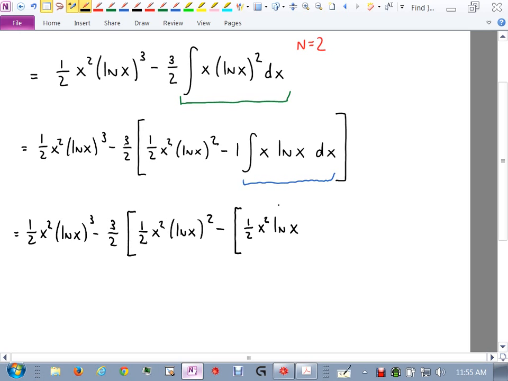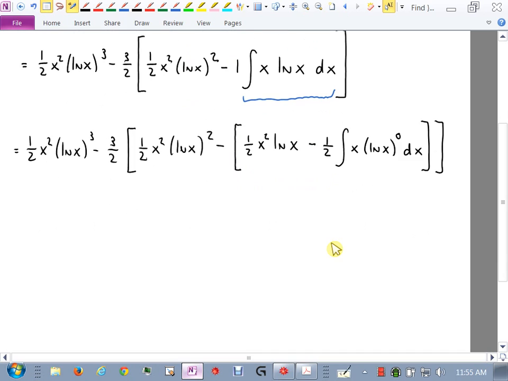To the 1 minus 1/2 integral x times natural log x to the 0, which is just, anything to the 0 is 1. Close my bracket, close my bracket. So isn't this last integral really just the integral of x, which is 1/2 x squared? But then times that 1/2.